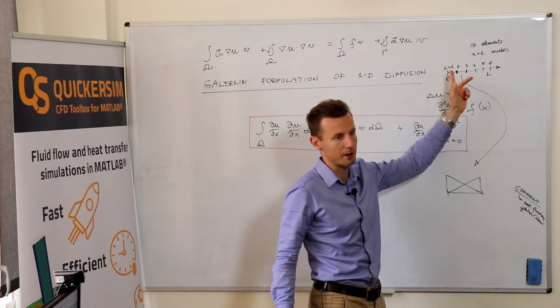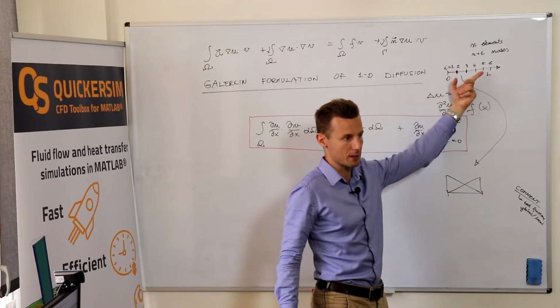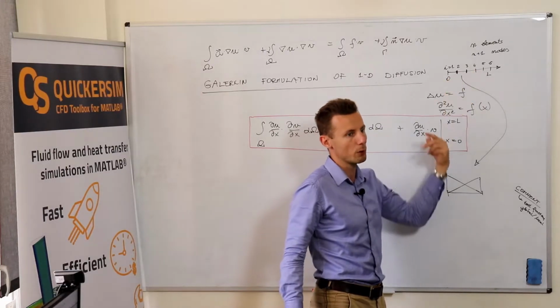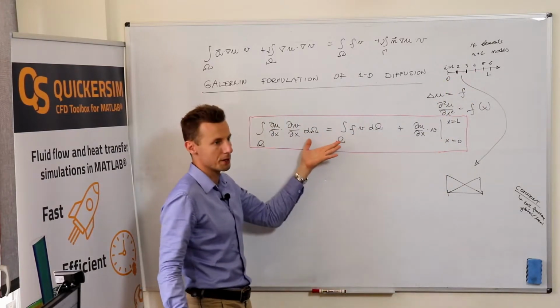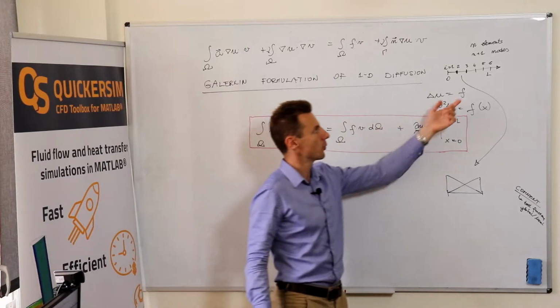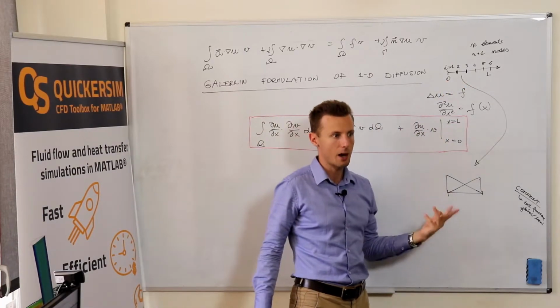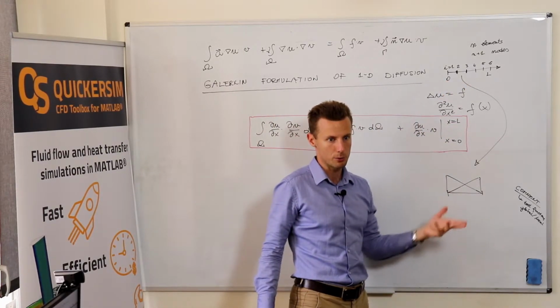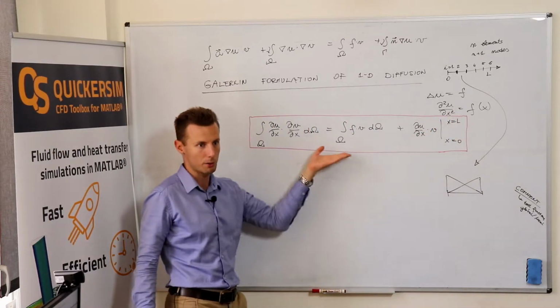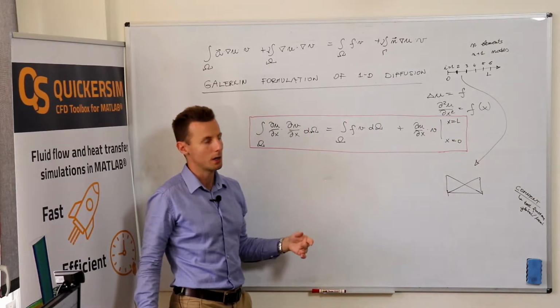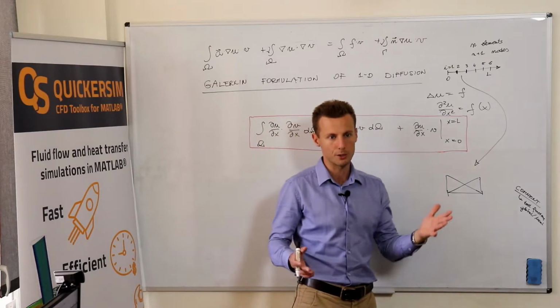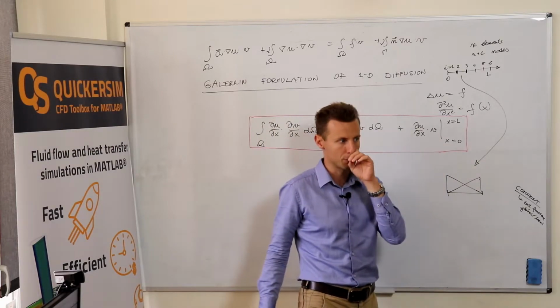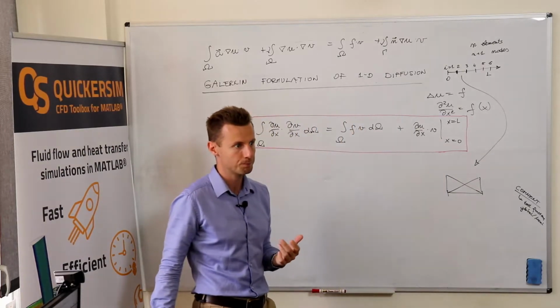We've got one scalar value in each node, so we've got 6 unknowns, which means that if we want to solve such a linear equation, then we need to have 6 algebraic equations that we generate somehow by using this weak form to have like a well-determined system of linear algebraic equations, right?